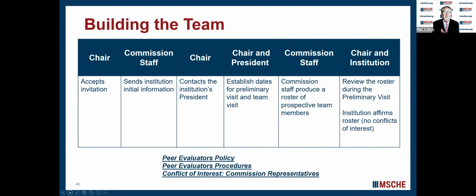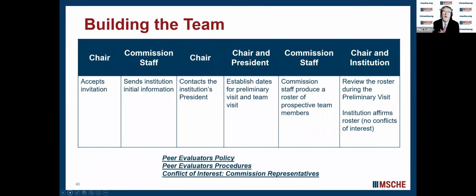Those preliminary team chair visits for spring team visits are occurring this fall. We are going back to face-to-face. We'll talk a little bit about virtual, but we do hope that if things work well, we will have face-to-face preliminary team chair visits this fall and face-to-face evaluation team visits in the spring.